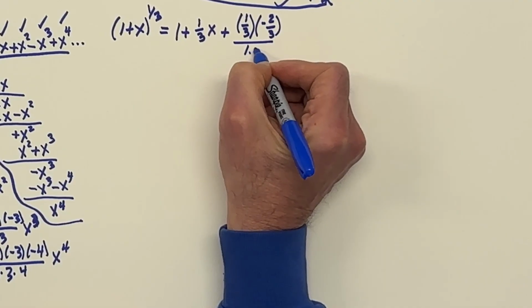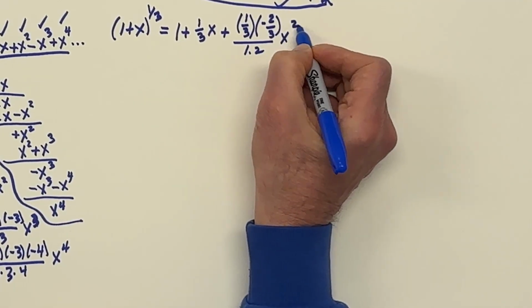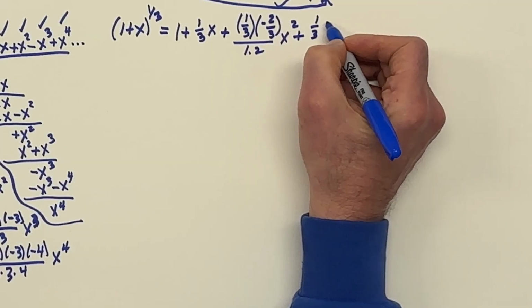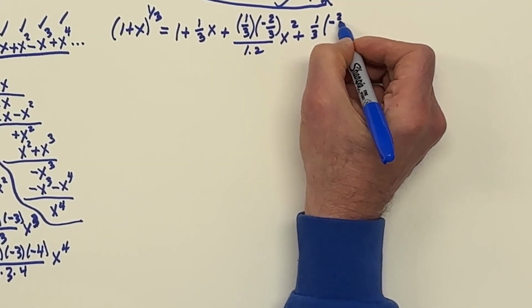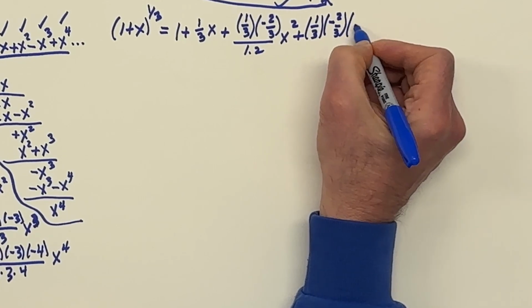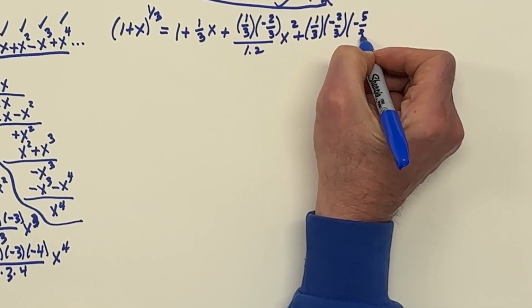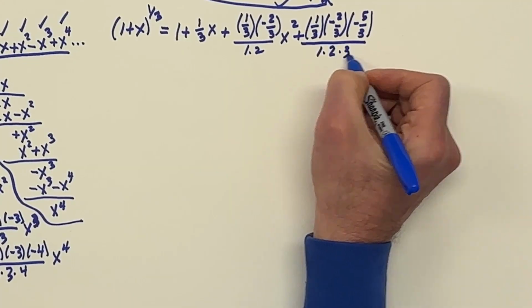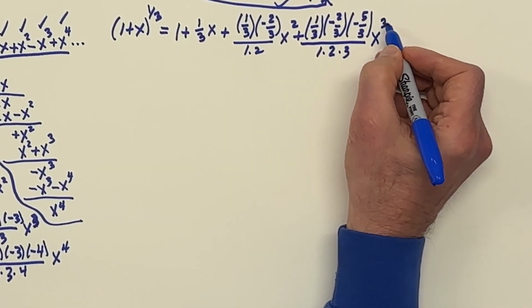Count forward, 1 times 2, x squared. Then we would go 1/3 minus 2/3, all right? And we would have then minus 5/3, subtracting 1. And then here 1 times 2 times 3, x cubed.